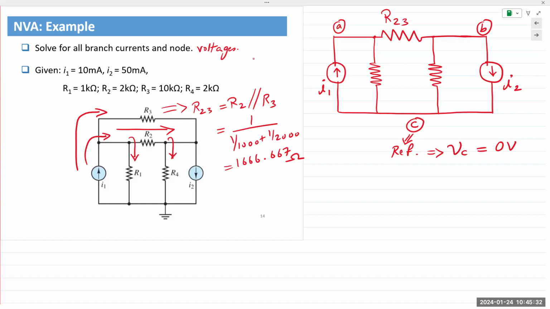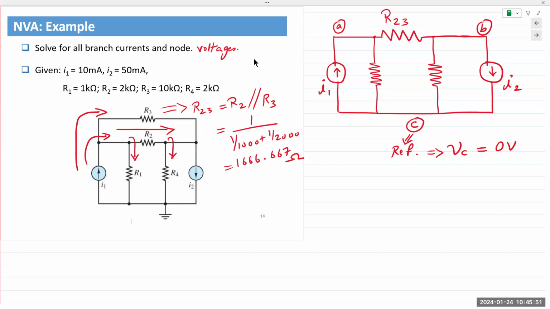Make sense? I could also choose I1 going up, since I2 is coming down this way. There are no wrong or right assumptions. It's an assumption, right? So we simply make an assumption and we proceed.